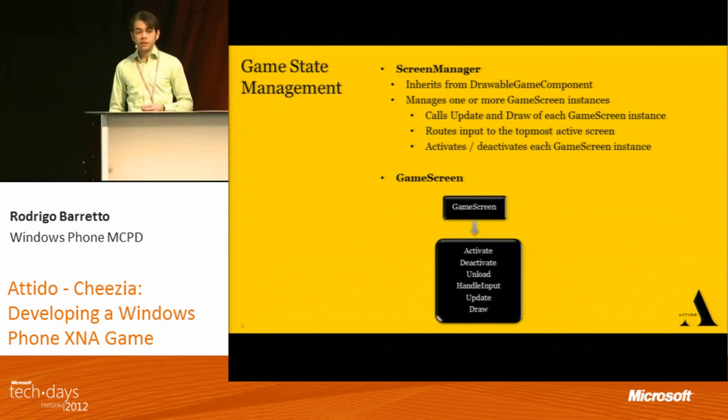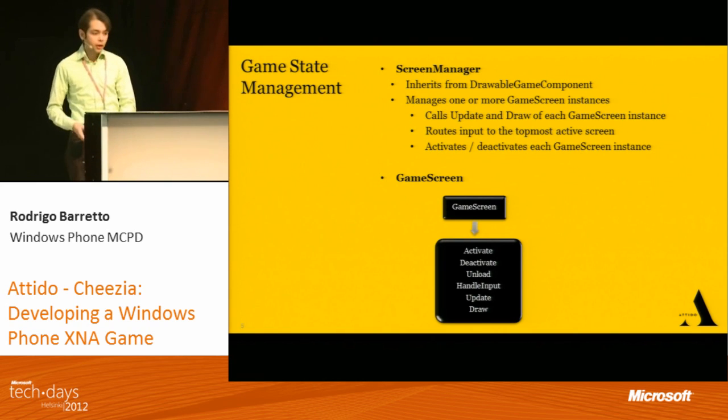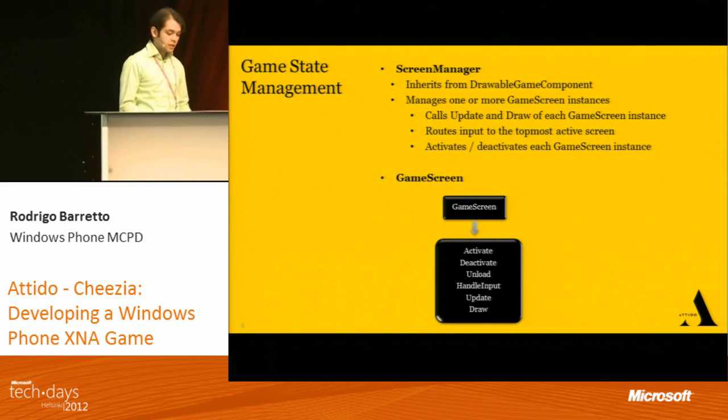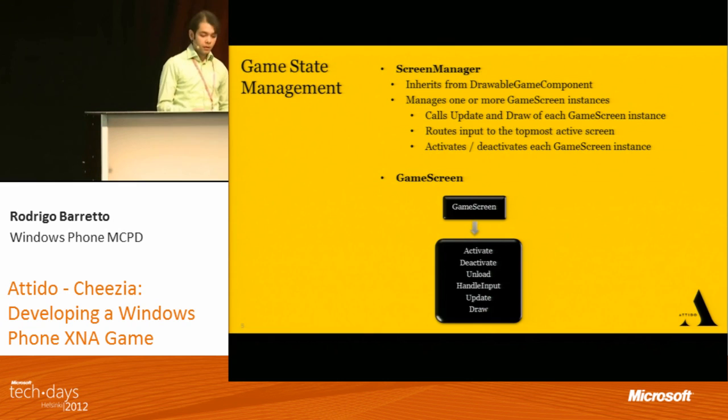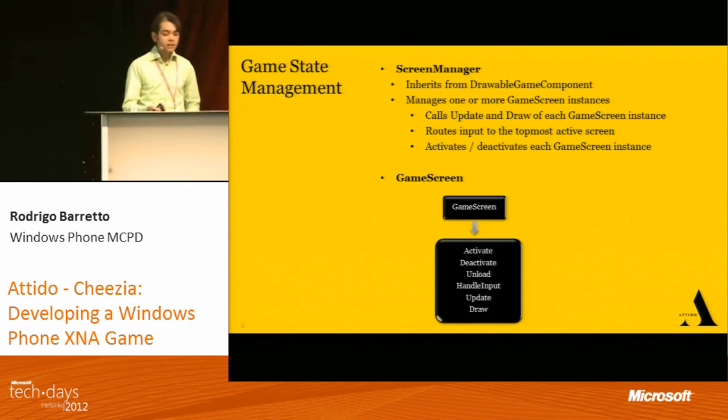The game screen is the abstract class that represents a screen in your game. Basically you're just going to have to inherit from this class and override these methods. The first one, the activate method. That's where you're going to load all of your content using the content manager that we saw one slide ago.